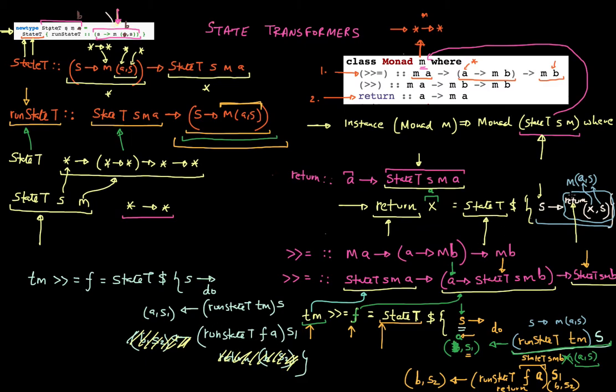I know that the type for this entire piece in green is a function of the following kind: s to m of (b, s). And when I provide in the state s1, this entire piece in green, including s1, now has the type of the following monadic value.